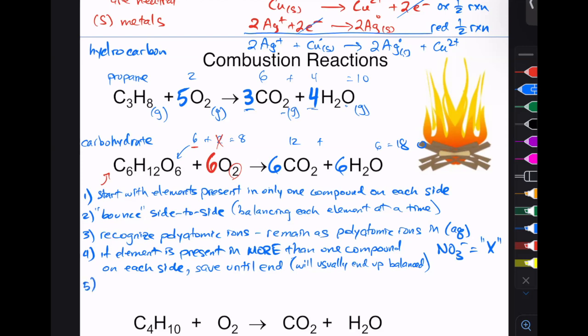Okay, and then 5, if you have the element isolated in a compound, like O2 or N2 or H2, use those for the final balancing step.